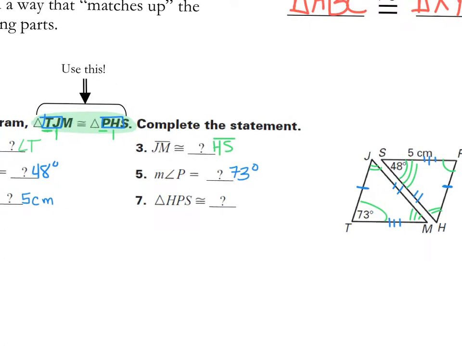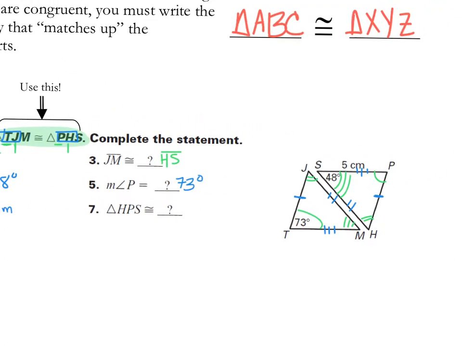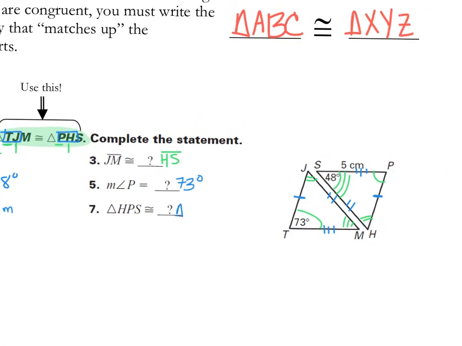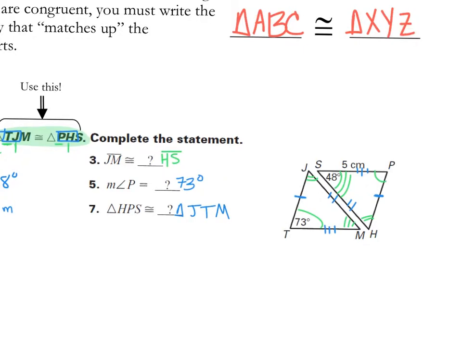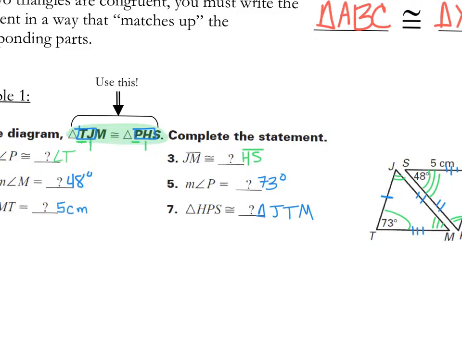And then the triangle HPS. So now I have to find what letters match up with H and P and S. So H matches up with J, P matches up with T, and S matches up with M. And I did that by looking at up here. Maybe I'll erase all of these.